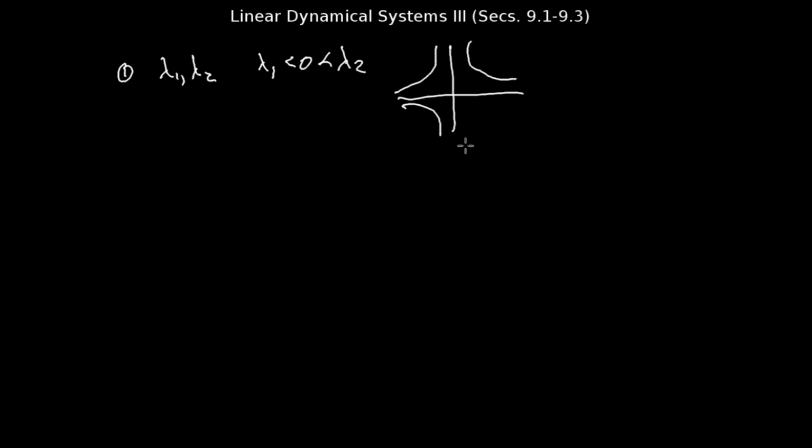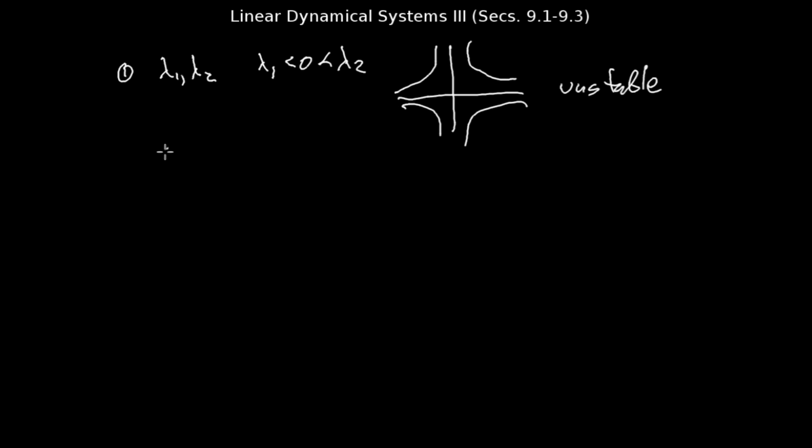Okay, well, I'm not going to try and march through all of the cases systematically. You can see that in the book, but let's do some of them. So one of the easiest ones is the case where you have two eigenvalues, lambda 1 and lambda 2, and we've already seen if they're opposite signs, so let's say lambda 1 is less than 0 and that's less than lambda 2, we saw that the trajectories look like this, and that's definitely unstable.